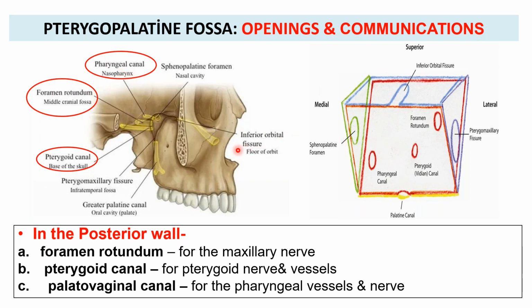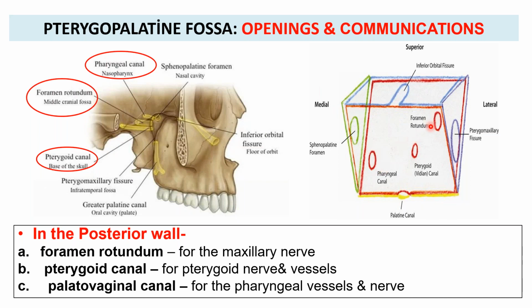So the connections, communications, and the boundary of the pterygopalatine fossa are not an easy topic, so you will have to revise it again and again. If we simplify this, take the example of a pyramidal structure. This is the superior, medial, lateral and inferior aspect of this pyramidal pterygopalatine fossa. Suppose this is the posterior wall.